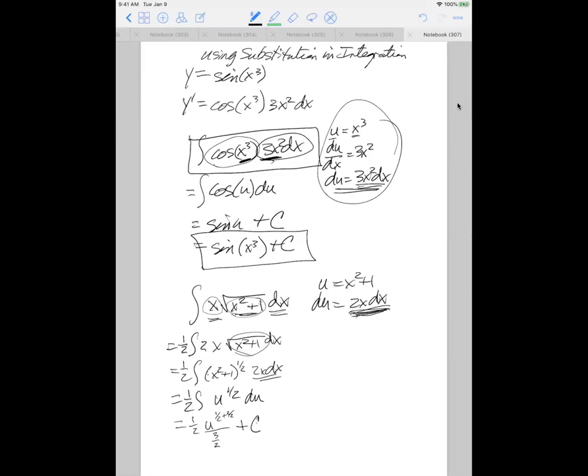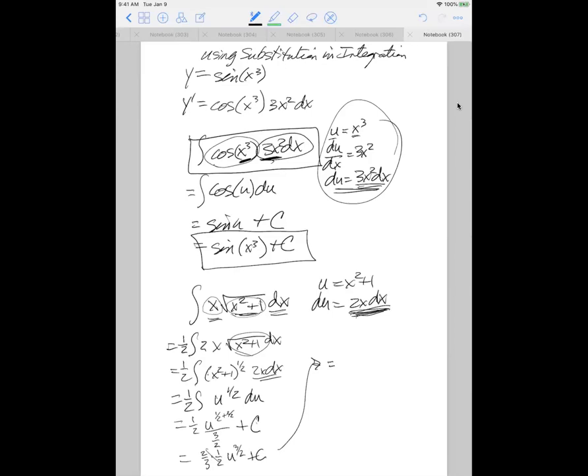So now I'm dividing by a fraction, so if I flip and multiply, this ends up giving me, I've got 2/3 times 1/2 u to the 3/2 plus c. Now I'll simplify that, and also at the same time resubstitute back in my x squared plus 1 for u.